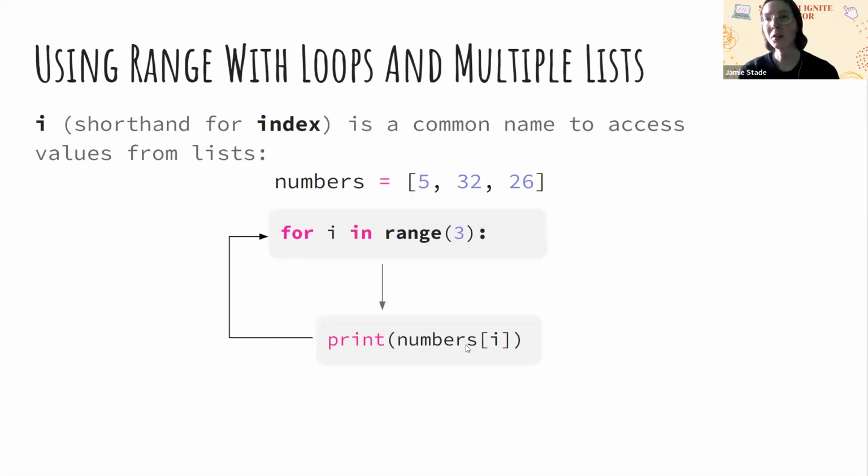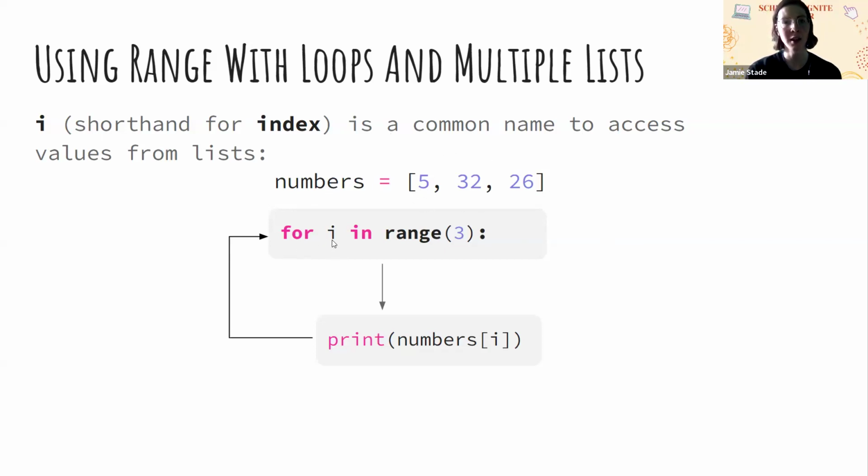Okay, so we can also use ranges with loops and multiple lists. For example, if we had multiple lists that have the same number of items in them, we can use range to access each value from both of those lists with their index. Here's an example with one list. We have a list of numbers, and we want to access each of the items in this list.